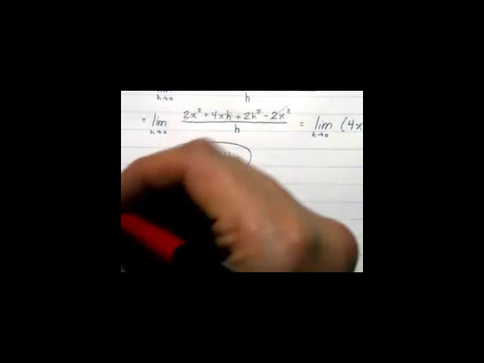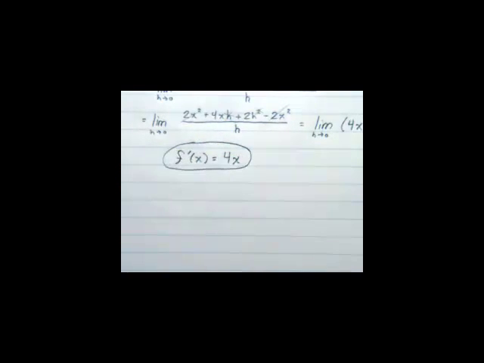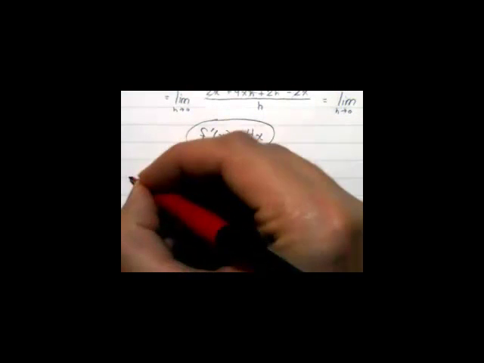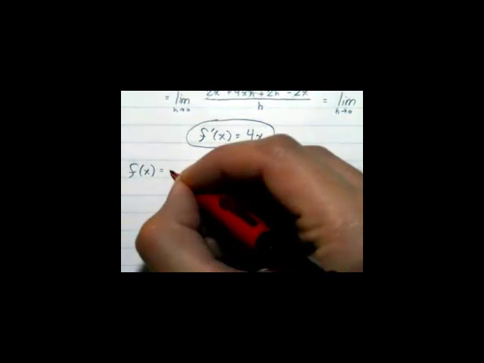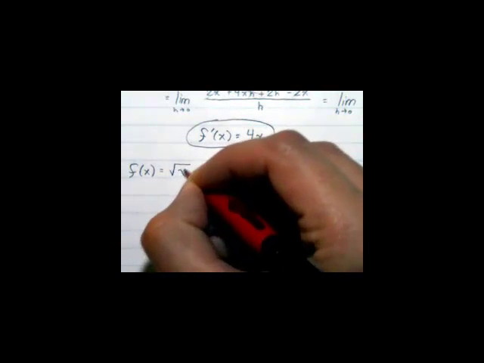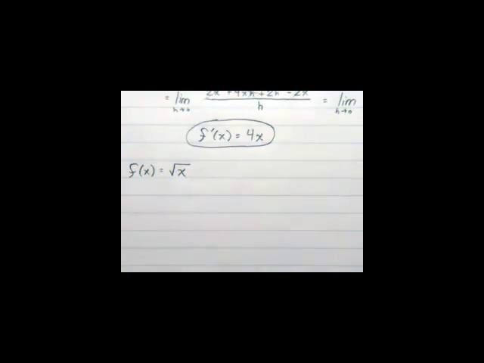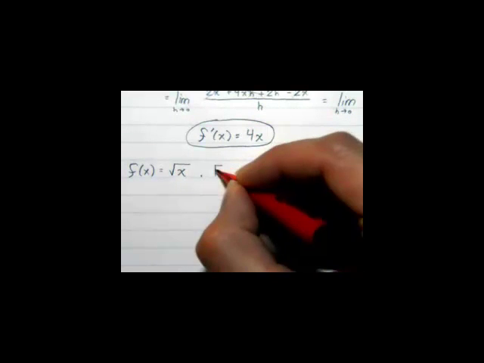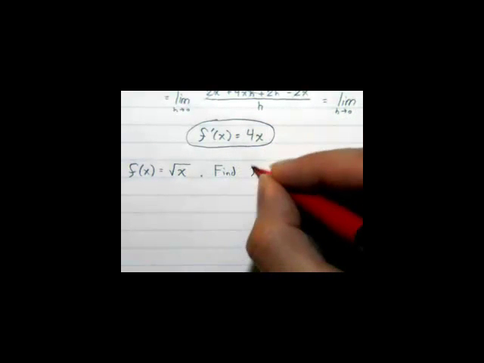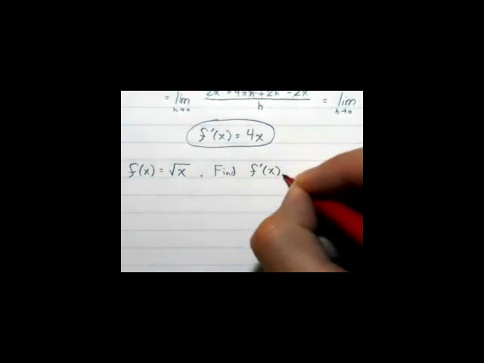Okay, so let's try this one more time, just so we're getting used to it. Let's do one that we haven't really approached before, but we can probably access here still. f of x equals the square root of x. And let's find f prime of x for this one.